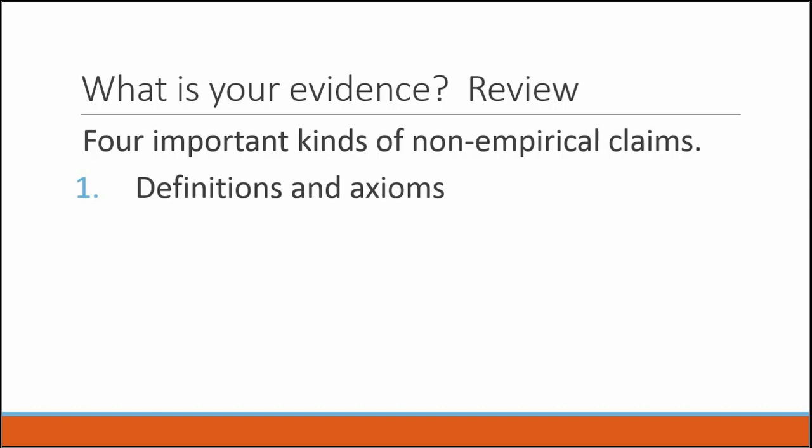But if we've accepted a definition as a solid, good definition of a term, it has the correct form, it's a logical definition, then it's going to make a good basic premise for an argument for a non-empirical claim. Axioms are, by definition, the sorts of statements that we understand to be so self-evidently true as to not need further evidence. So again, they make good basic premises.